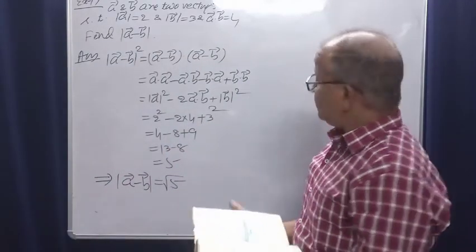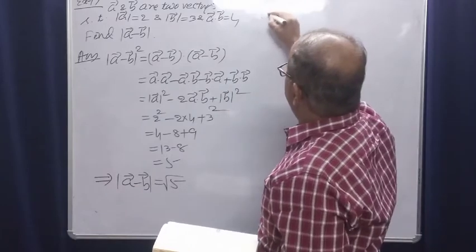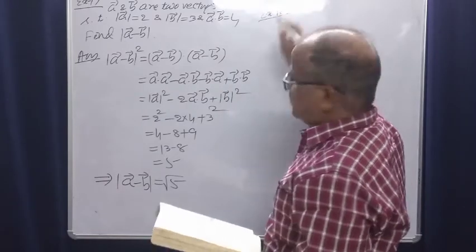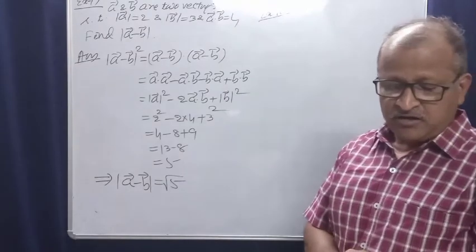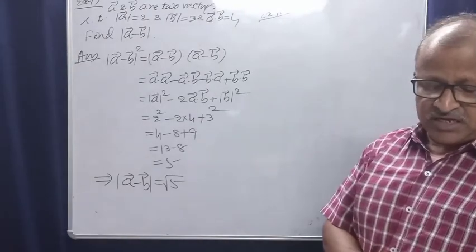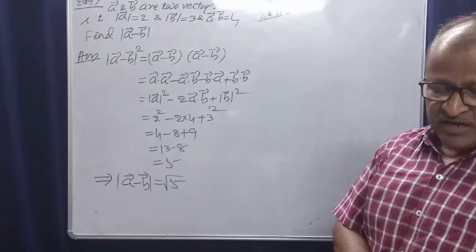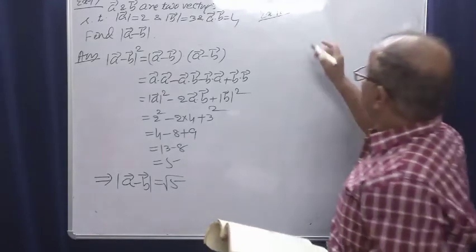Example 18. If A is a unit vector and x minus A dot x plus A is 8, then find x.